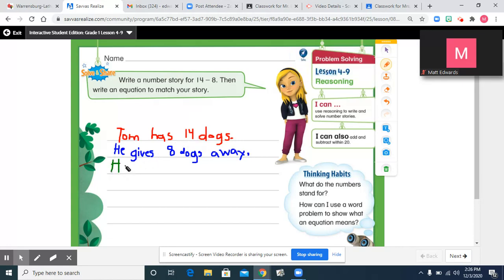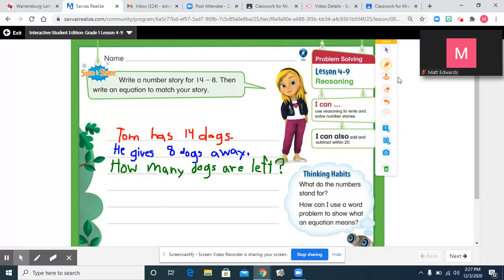How many dogs are left? And hopefully you know what goes to the end of a question. That would be a question mark.